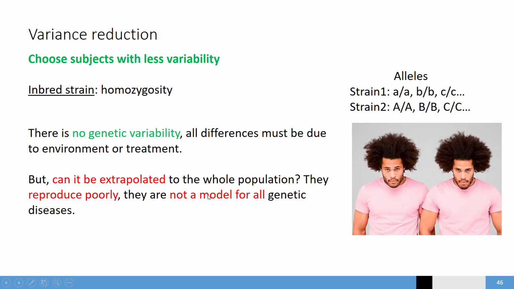So inbred strains are animals that are homozygotic. That means that given any one of the strains, you will have the same version of the gene in each one of the alleles. So for the gene A, you will have, let's say, a small a. For the gene B, you will have a small b, a small b.